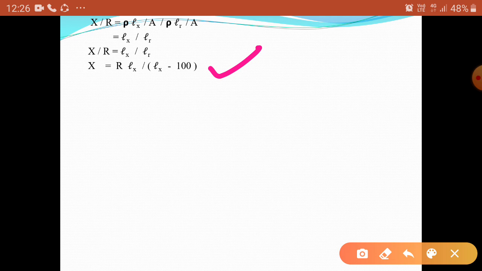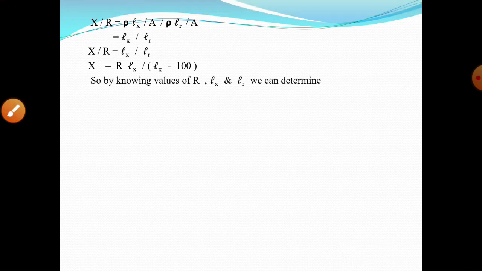From this we can determine the value of the unknown resistance X by knowing the values of R, Lx and Lr.